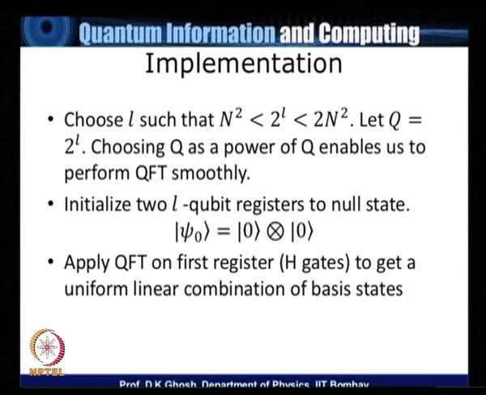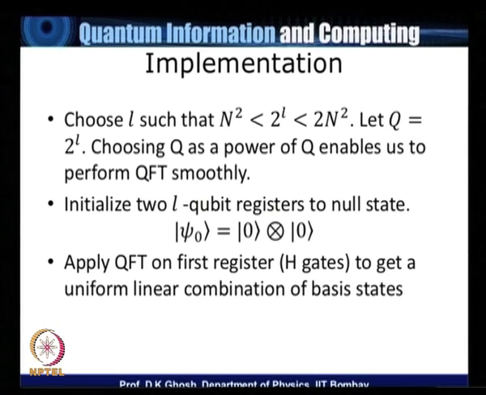What we do is, we take an L qubit register, and L is chosen such that 2 to the power L lies between n square and 2n square. Some books would suggest that you take even a wider berth, that is, choose L such that 2 to the power L lies between 2n square and 3n square, but that's a matter of choice.